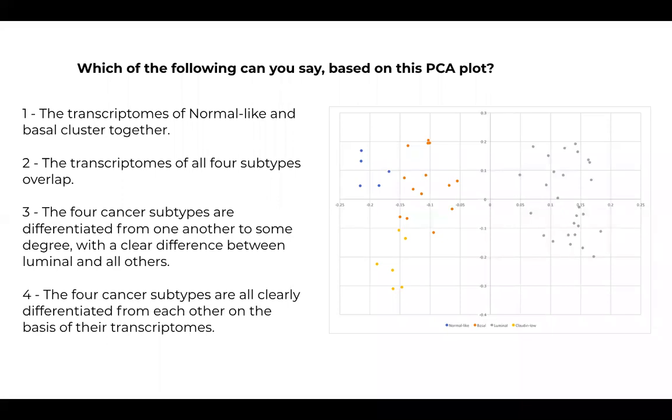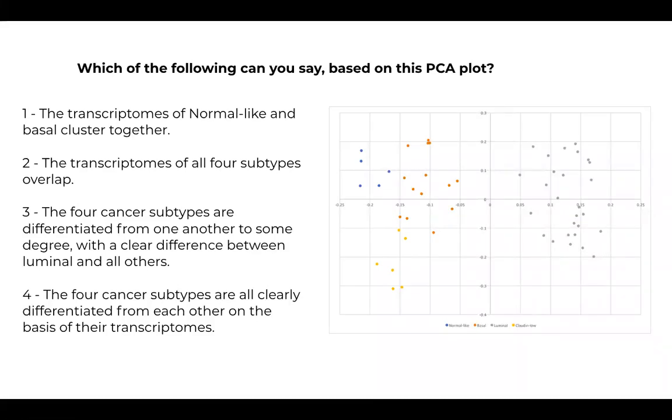The transcriptome of normal-like and basal cluster together. So you can see the dots. The transcriptome of all four subtypes overlap. The four cancer subtypes are differentiated from one another to some degree with a clear difference between luminal and the others.